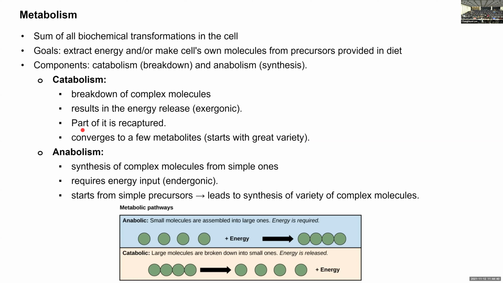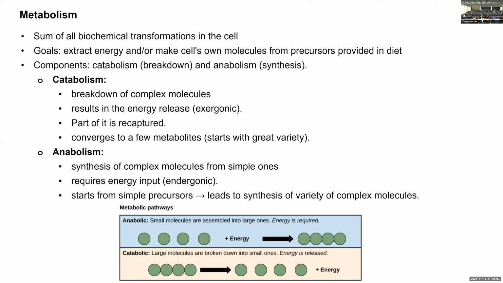And it typically starts with a whole variety of different kinds of macromolecules. For example, proteins have all different kinds of proteins there, even if they're built up from only 20 amino acids, right? It just gives a lot of variability, of course, because their length is different, their constituents are different, and things like that.